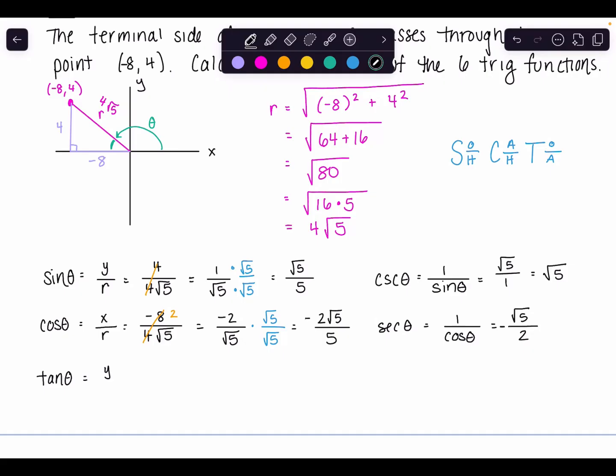The opposite side is y, adjacent is x. My y value for this point is 4, my x value is -8, and that simplifies nicely to -1/2. Cotangent of this angle is the flip. So really it's -2 over 1, which overall is just -2, okay?